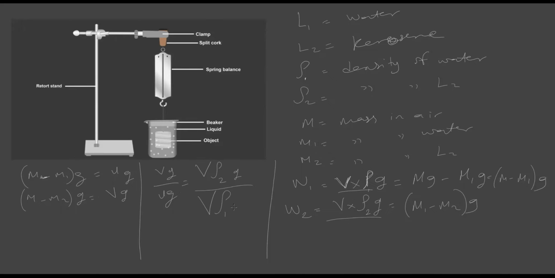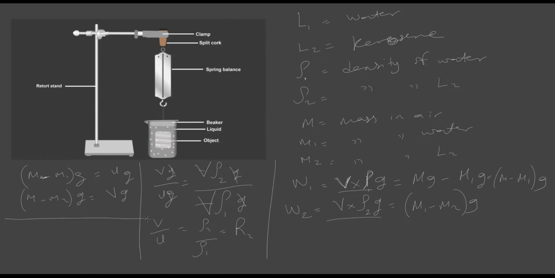Then we have density in water times G. So if you divide, you end up having this V over U is equal to the density in liquid 2 divided by the density in liquid 1. So we can now see that this is also equivalent to R2. So R2 is the relative density of liquid 2 with respect to the density of liquid 1.